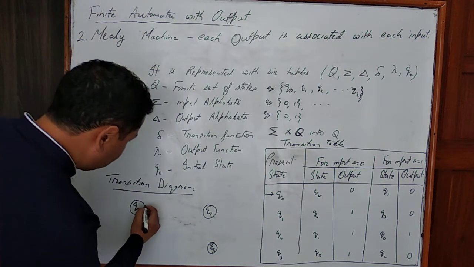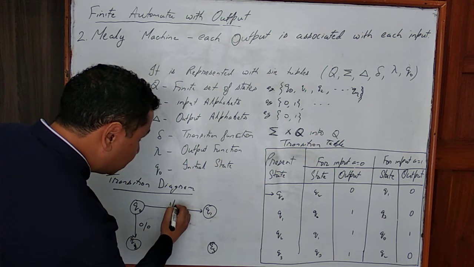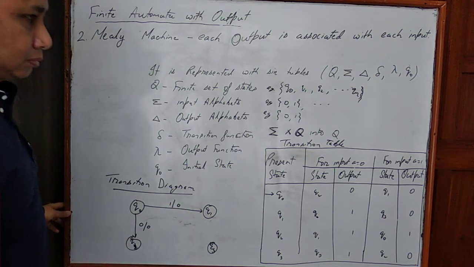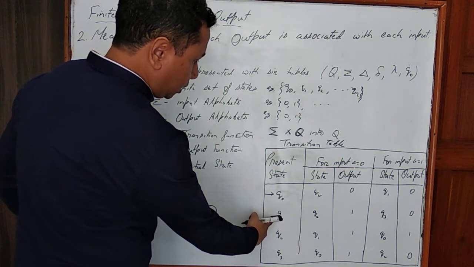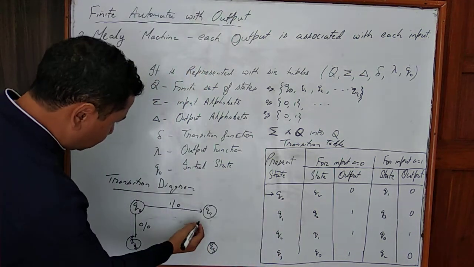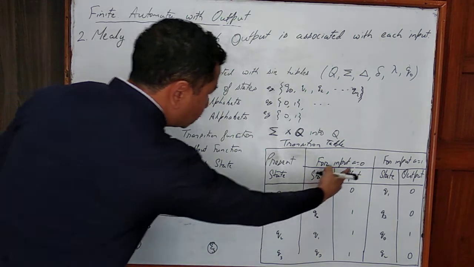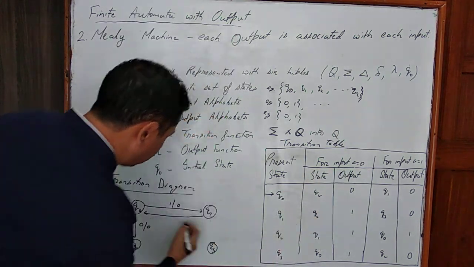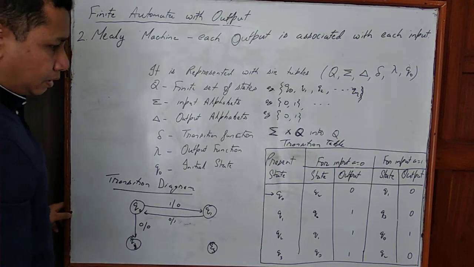So we have q0 to q1. If your input is 1, your output is 0. Repeat the same process, q1 to q0. So 0 oblique 1. That means your input is 0, your output is 1.